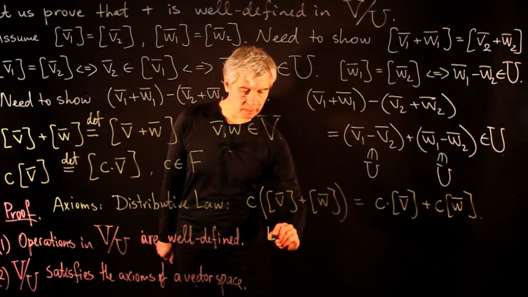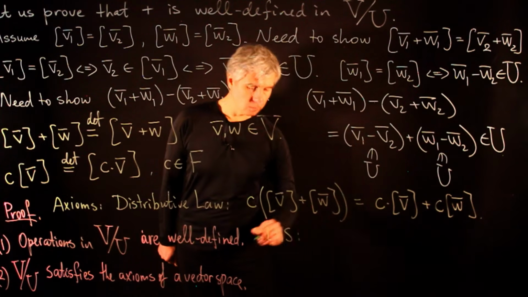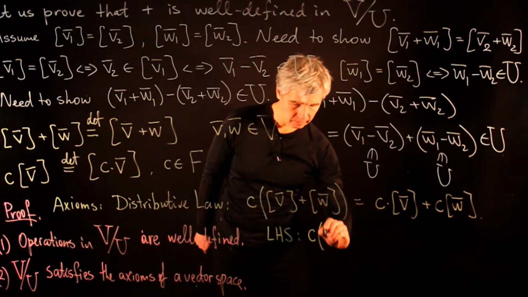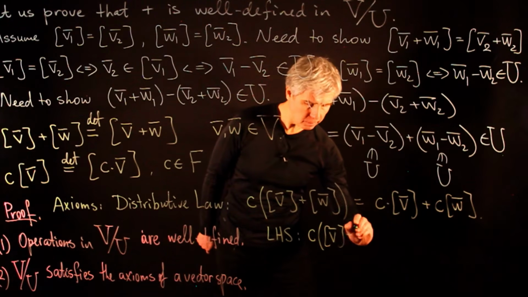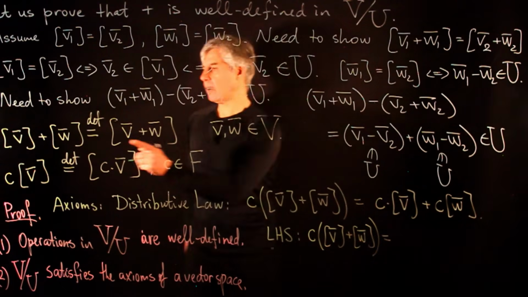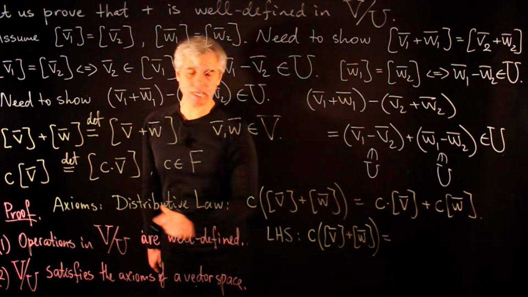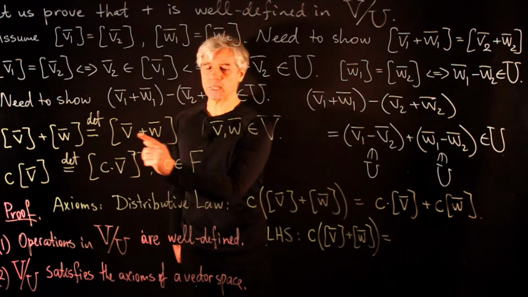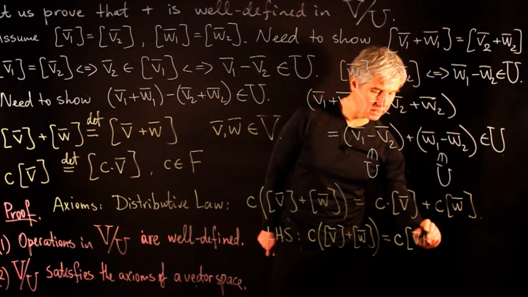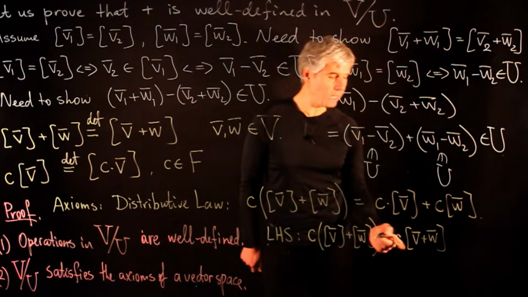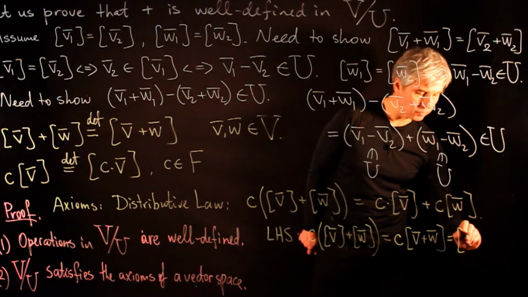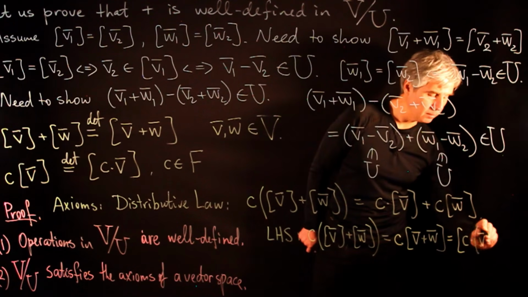Now let us look at the left-hand side. So what is the left-hand side? It is c times the class of v plus the class of w. The way we defined addition of equivalence classes is as the equivalence class of the sum. So this becomes c times the equivalence class of v plus w. And the way we defined multiplication by scalars, this is the equivalence class of c times (v plus w).